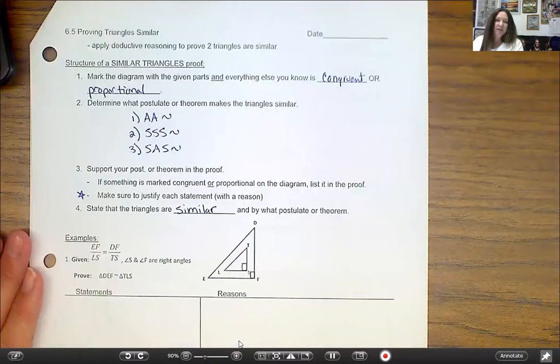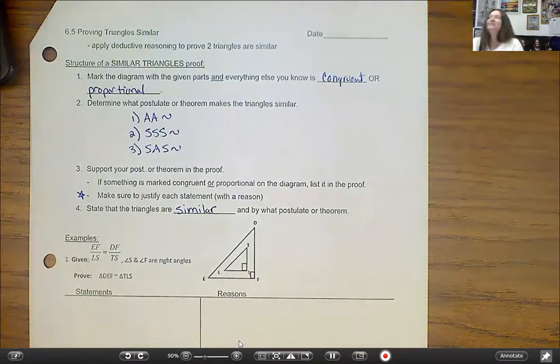All right. So what we want to do is look at the structure of the proof that we are going to be writing for similarity. The first thing that we want to do is make sure that we are marking our diagrams with any given parts and anything that we know to be true.